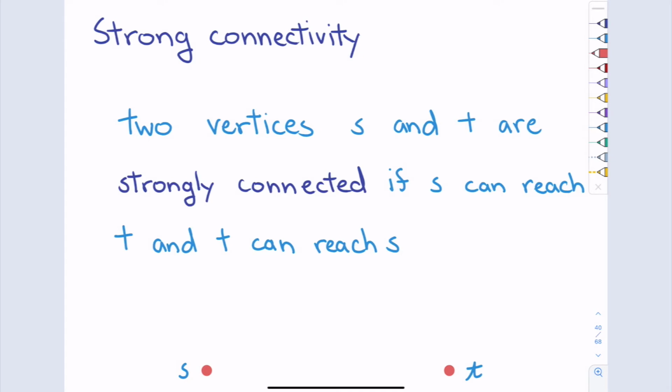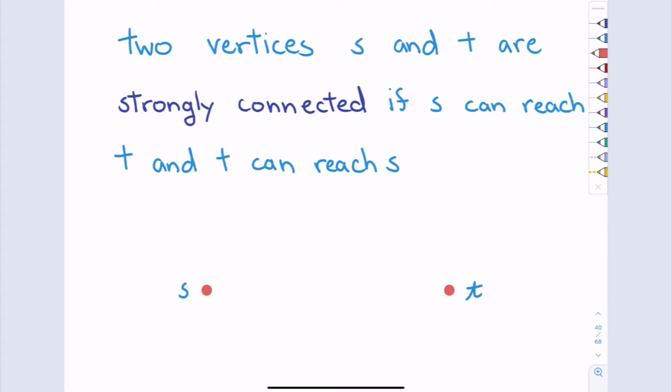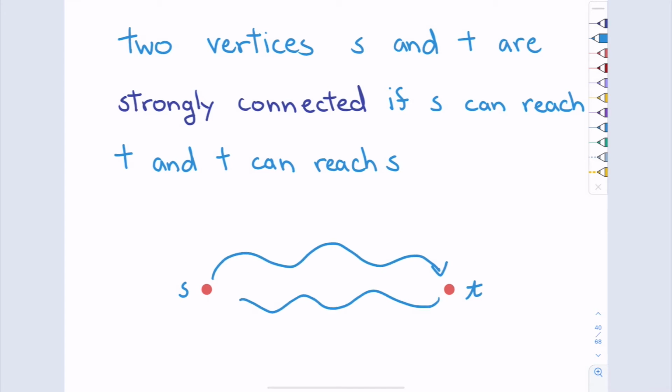Now we're going to move on to thinking about situations when S can reach T and T can reach S, or maybe not. We say that two vertices are strongly connected if S can reach T and T can reach S, which of course can happen.